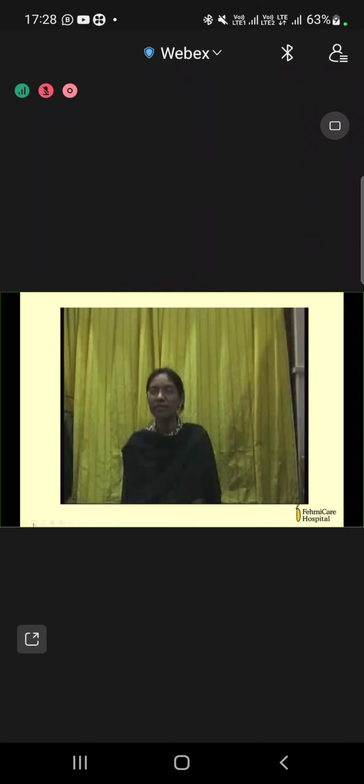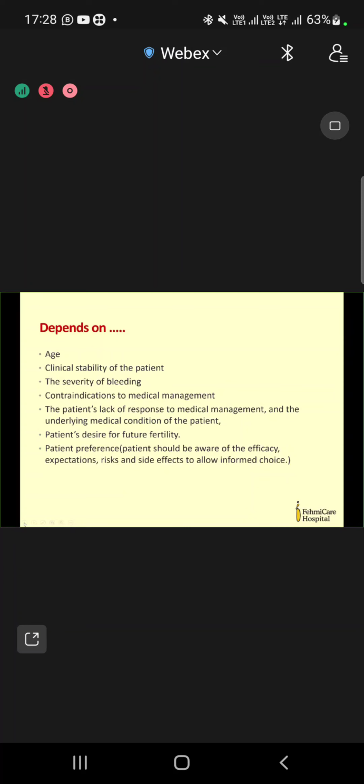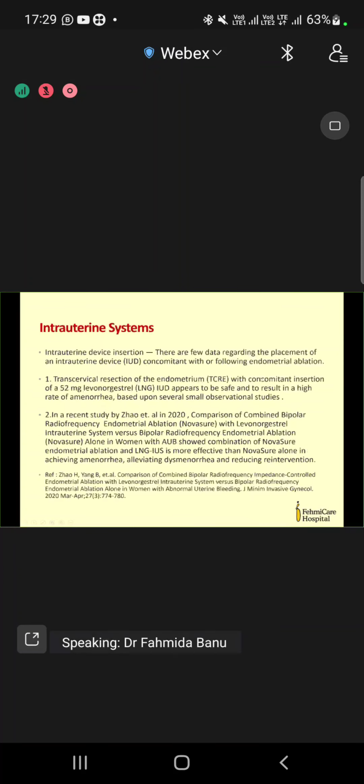So coming to the intrauterine systems, the comparison between these two, each one is effective, but there are certain studies where they have done transcervical resection of endometrium and concomitant insertion of levonorgestrel, and they say it is safe and the rate of amenorrhea has increased. These are small observational studies.